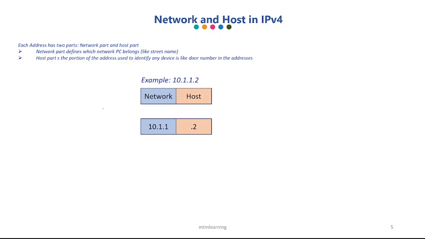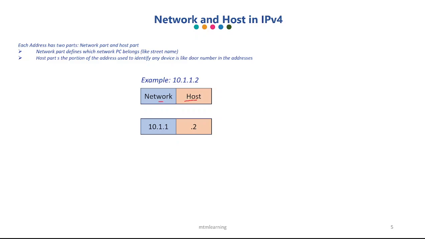So again, we are taking the same example of IP addresses, but this time we're going to see what portion of this means what. I'm sorry if I'm stumbling here. Every IP address has two parts. One is the network portion, the other is called the host portion.